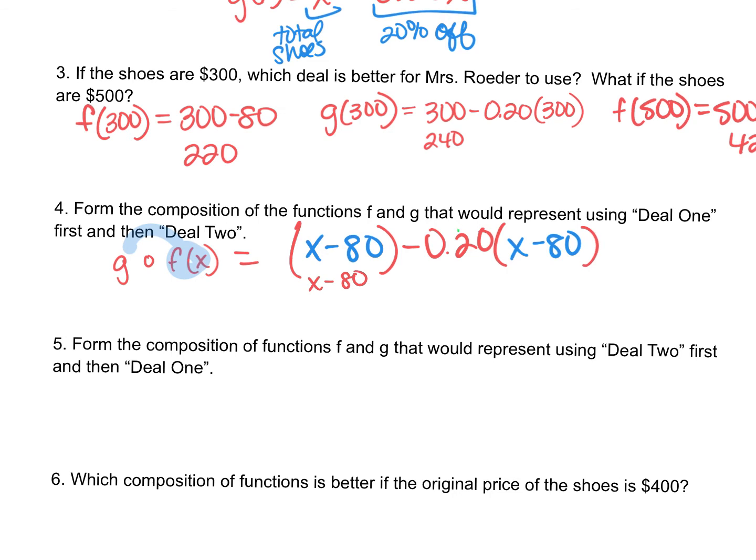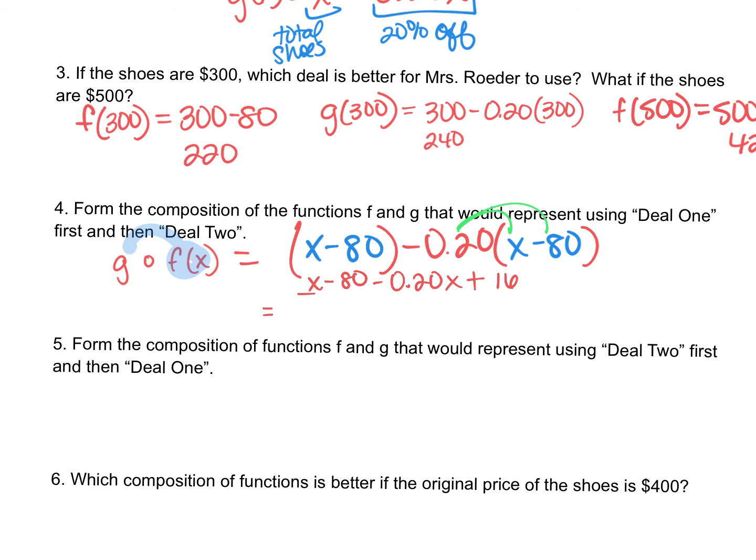Let's go ahead and distribute this 0.20. That would be negative 0.20X, and then plus, because it's a negative times a negative. When you put that in your calculator, it gives you 16. Let's clean it up.